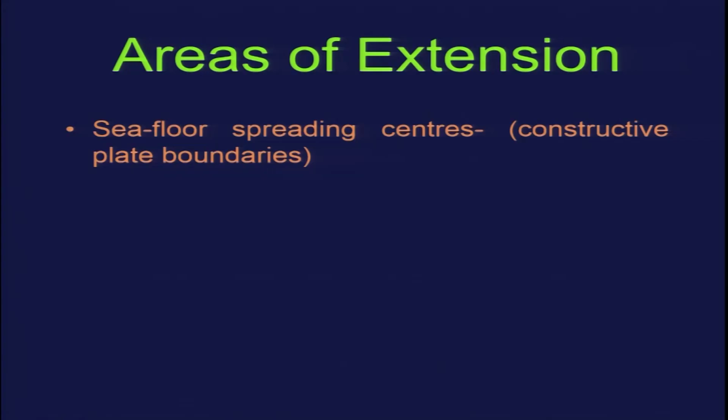Seafloor spreading centers we usually term constructive plate boundaries, where two plates are moving away from one another, and these areas are considered areas of extension. Another region where you will find extension is the hot spots.